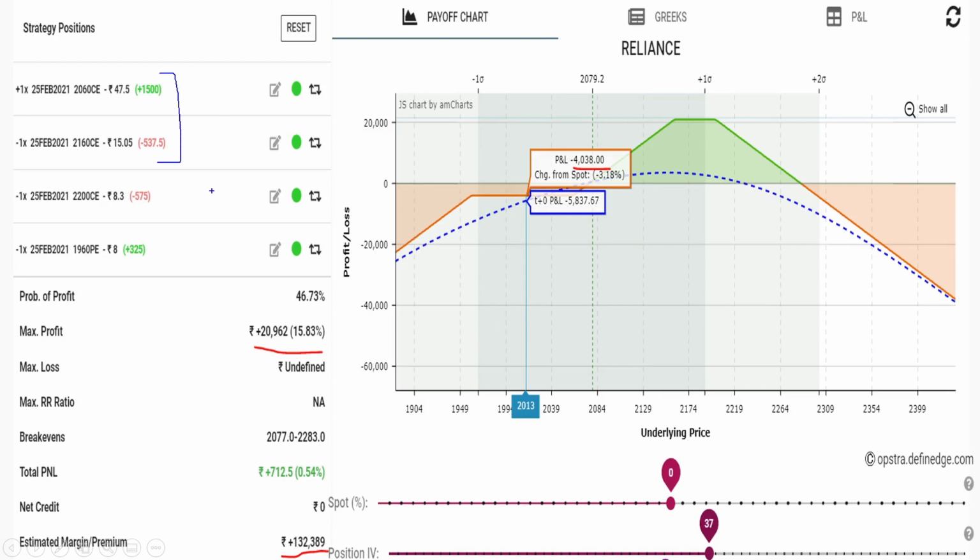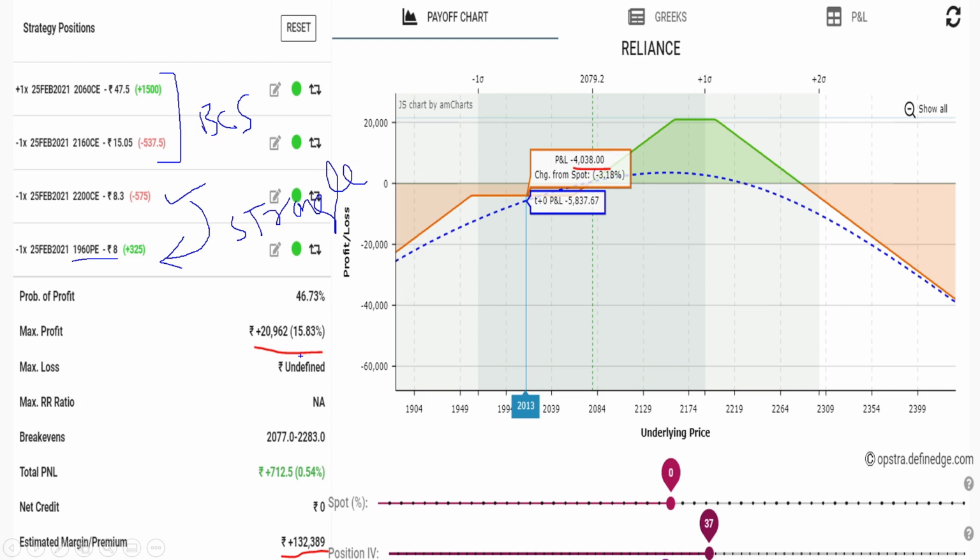This was our original leg, bull call spread. Now once stock moved to next resistance level, we sold this 2220 call, and at the same time we also sold far away put of 1960 put. So what we have done in bull call spread, we have added this triangle.